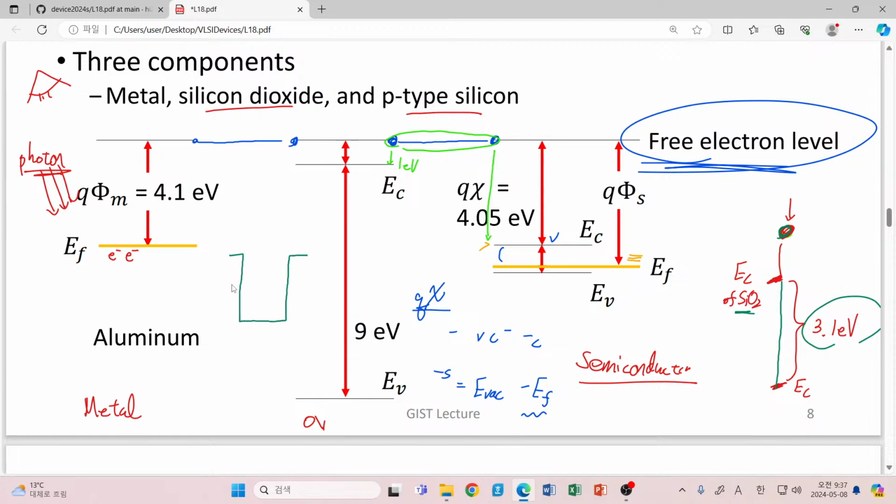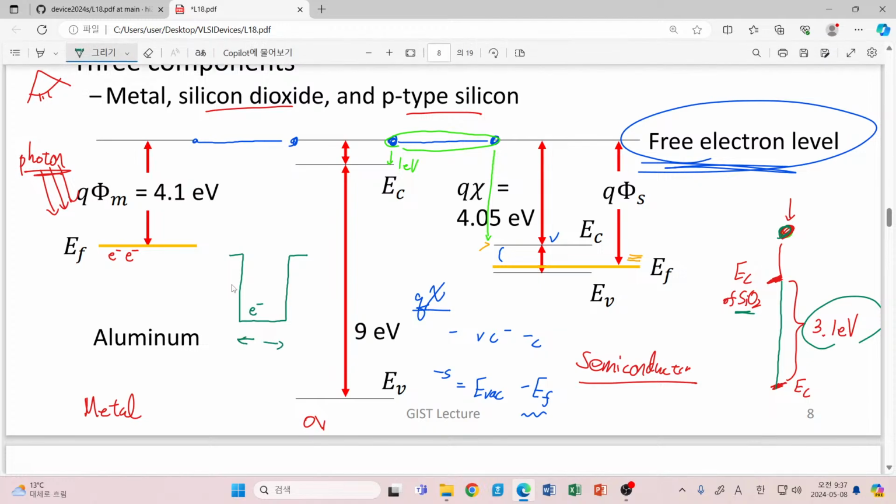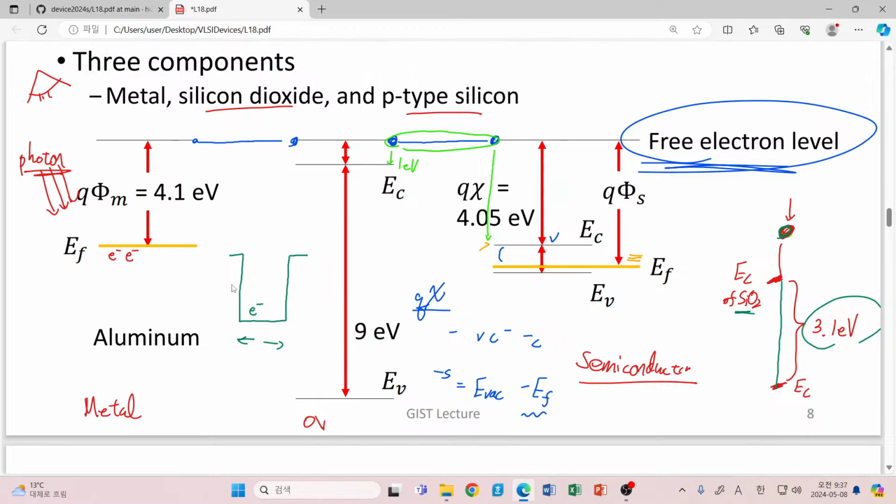Here we have a certain length scale and assume that electrons are just confined to a short physical range, nanometer scale, and we believe that there are infinitely high walls on the left side and right side. Then we are asked to solve the Schrödinger equation to determine the electronic state of this electron.